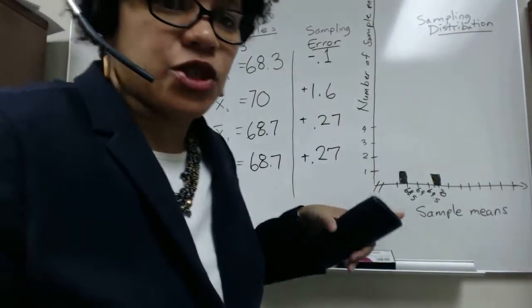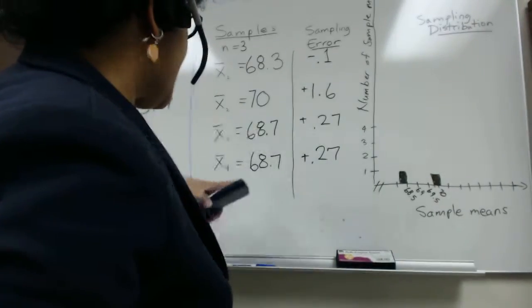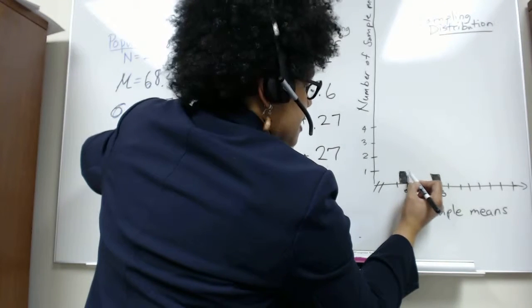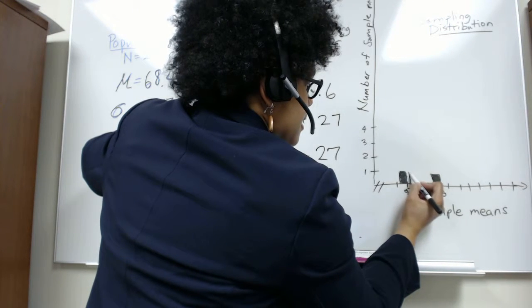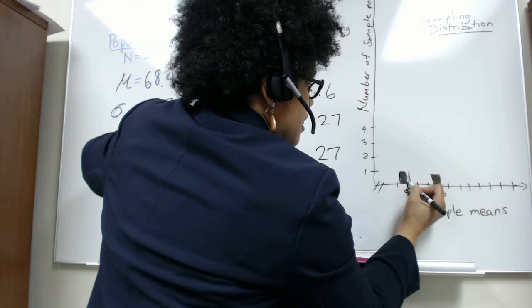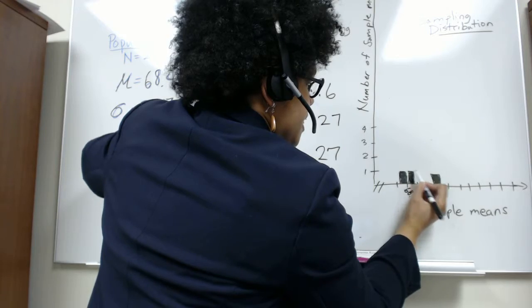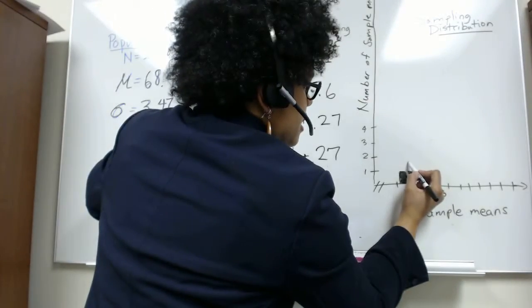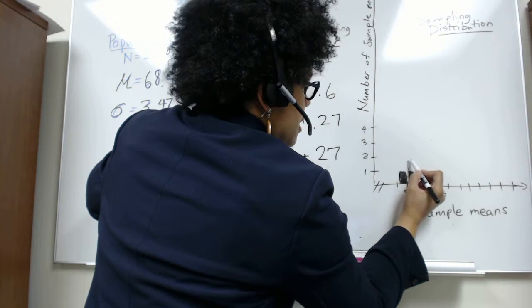Now we've graphed 2 of the means. Let's graph the next 2. We had a 68.7, which would be somewhere over here. One mean of 68.7, and another mean of 68.7.